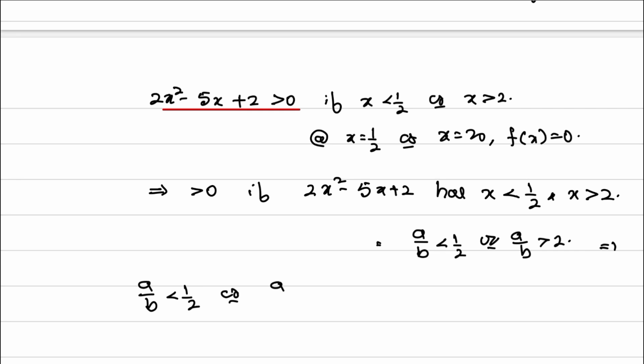That means either 2A is less than B or A is greater than 2B.